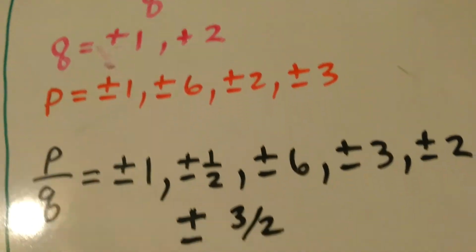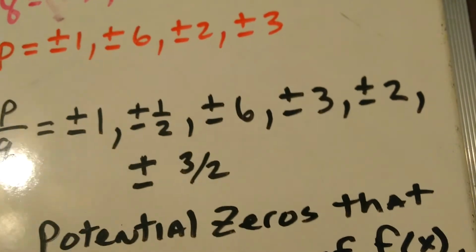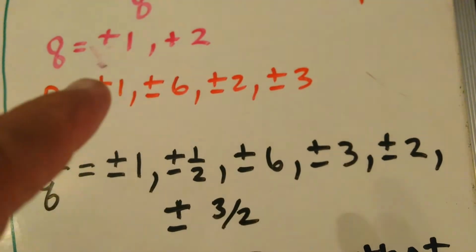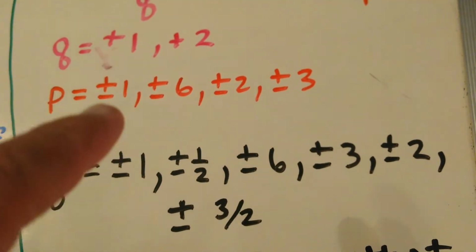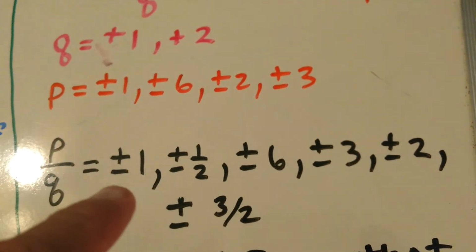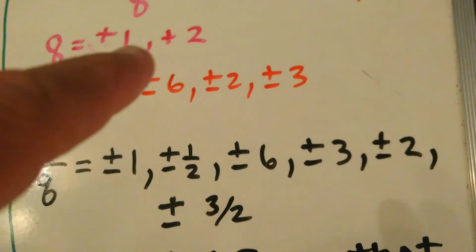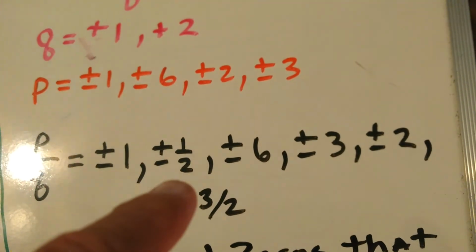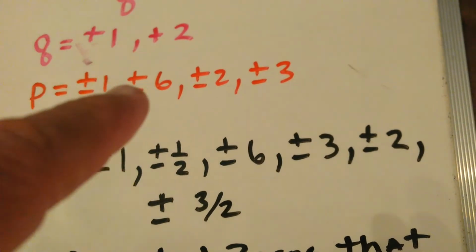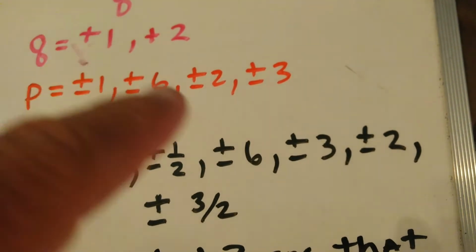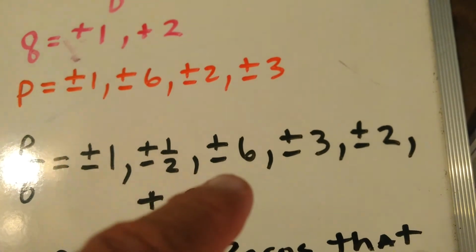Then what I do is I put my p's over my q's. So what I'm doing here is I've got plus or minus 1 over a positive 1, which gives me plus or minus 1. Here I've got plus or minus 1 over a positive 2, which gives me plus or minus 1 half. Here I've got plus or minus 6 over 1, which gives me plus or minus 6.